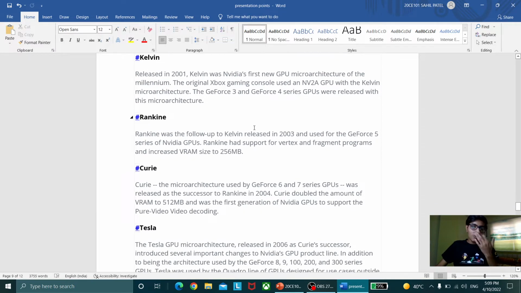And it was succeeded by Rankine. Then it was succeeded by Curie, which was the first generation for NVIDIA for video decoding and video encoding, and it also doubled the amount of RAM to a higher memory output than the previous architectures.